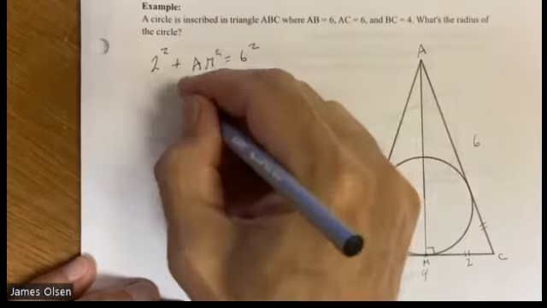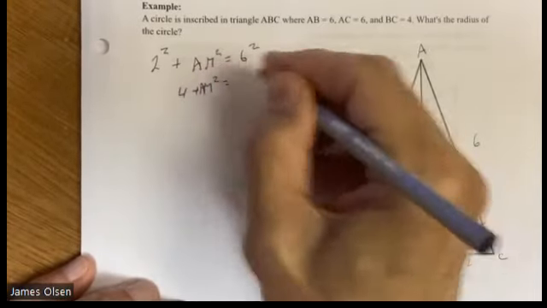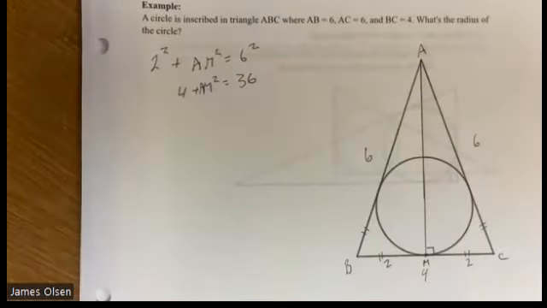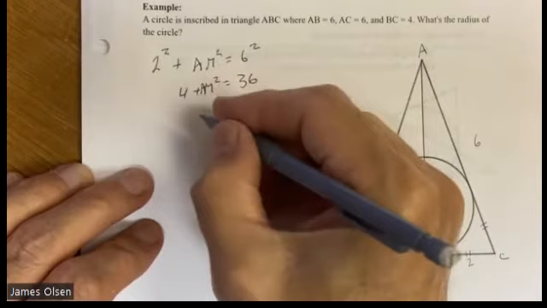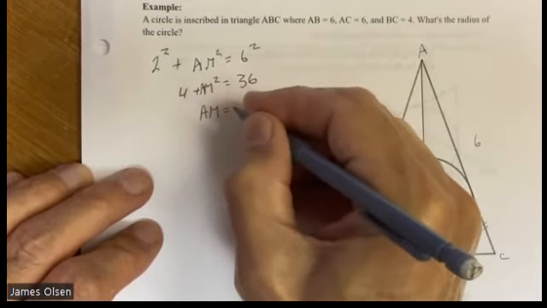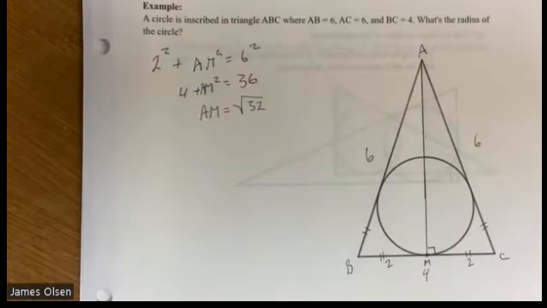And work that out. So AM squared is 32. So AM is going to be the square root of 32. That gives us some additional information.